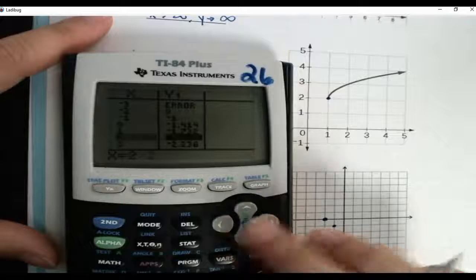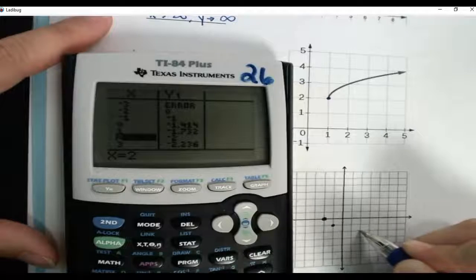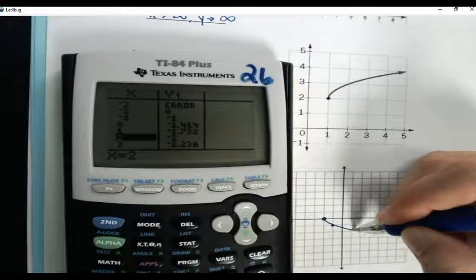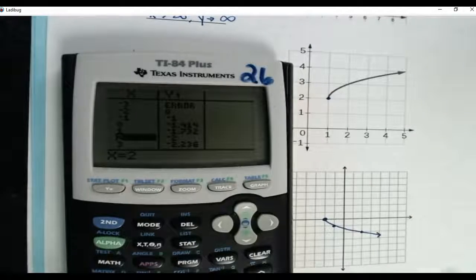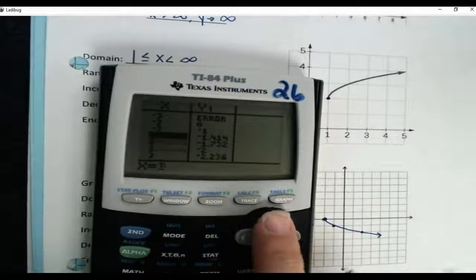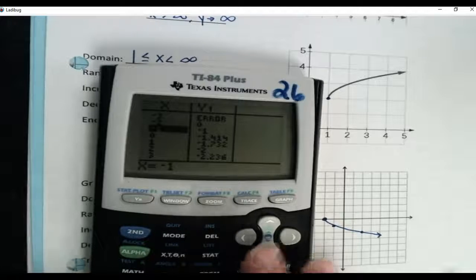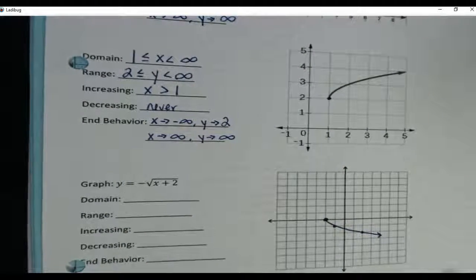And then my next nice point is at 2, negative 2. And that's all we need for today, so we'll just graph it like this. Okay. So again, you want to start at the first real point that doesn't say error, and then you can just graph your next nice ones. Any question about getting that graph, the table, anything?